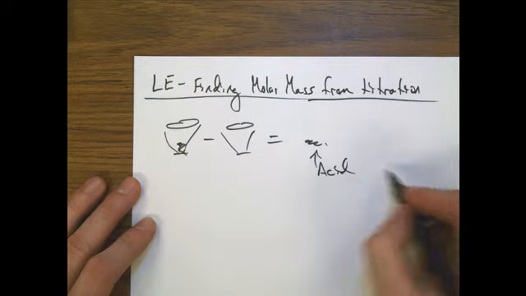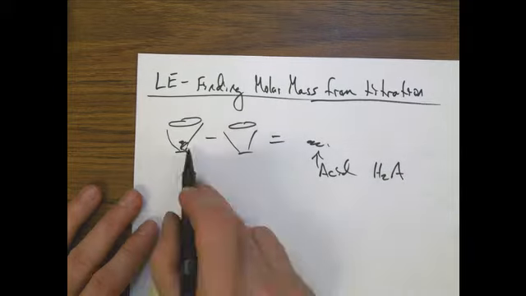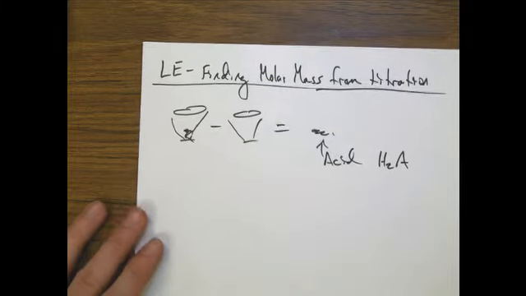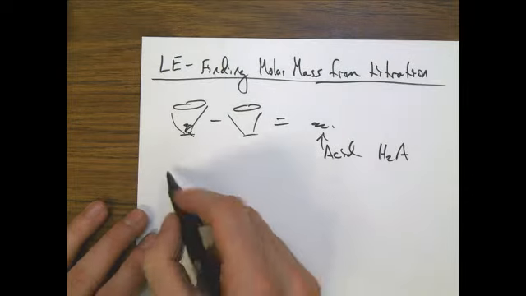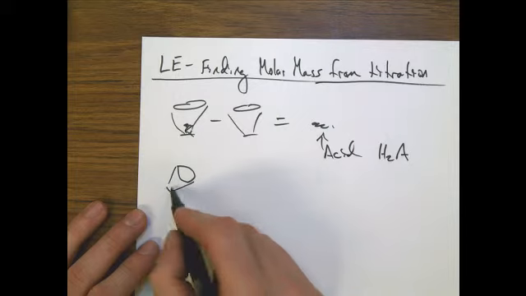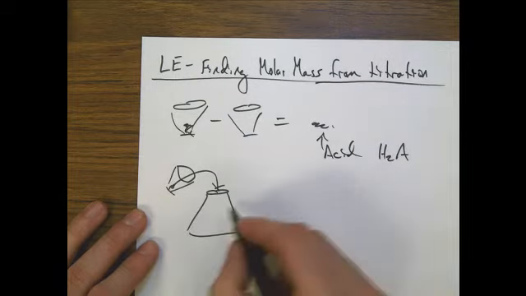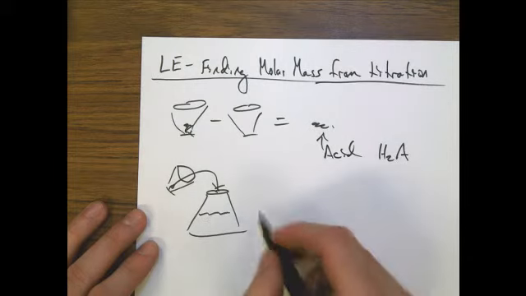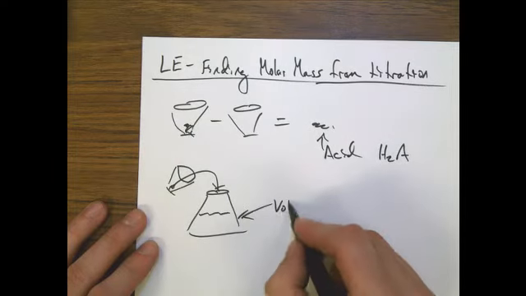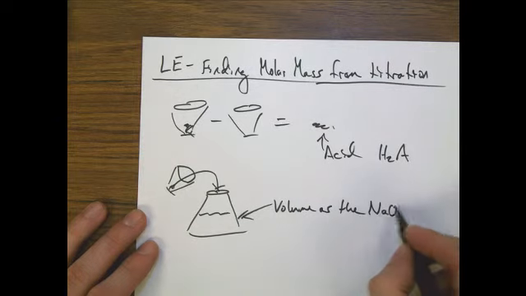In the case for this lab, our acid's going to be H2A. You will already have the cups with the acid already present. So all you've got to do is take the cup with the acid, drop it into the flask, and then dilute it with water, the same volume as the sodium hydroxide lab.